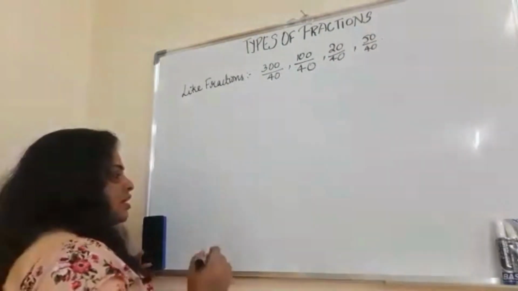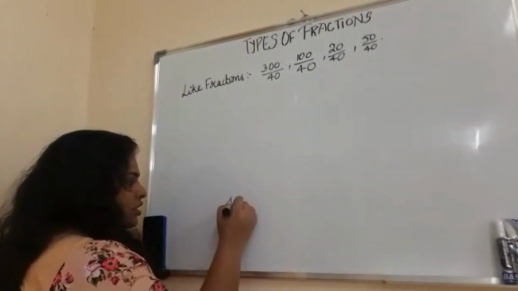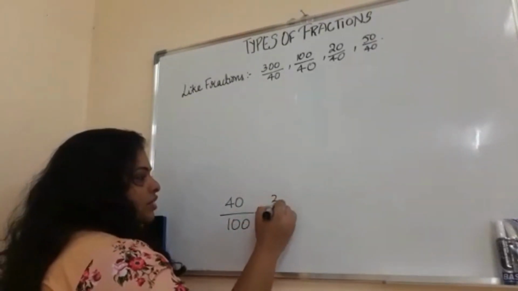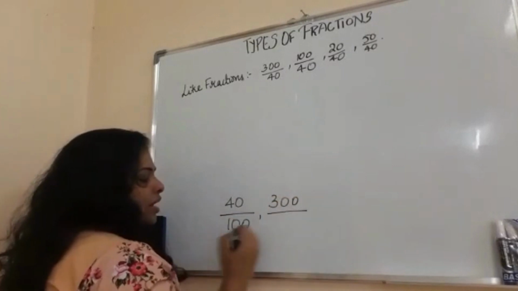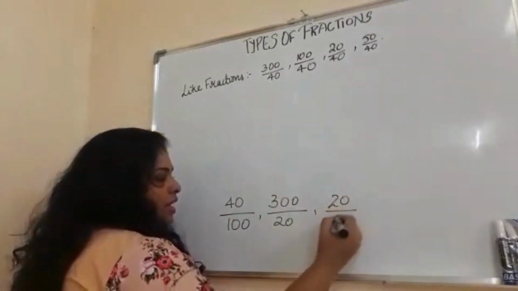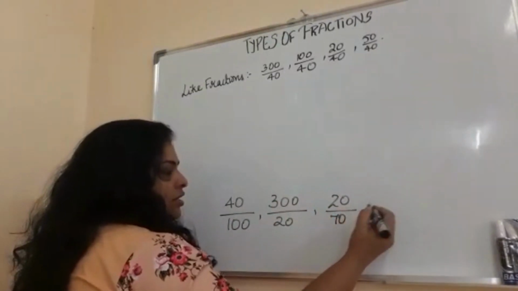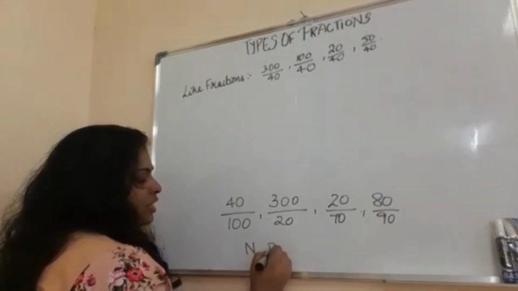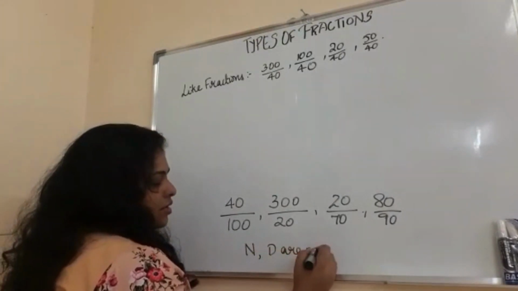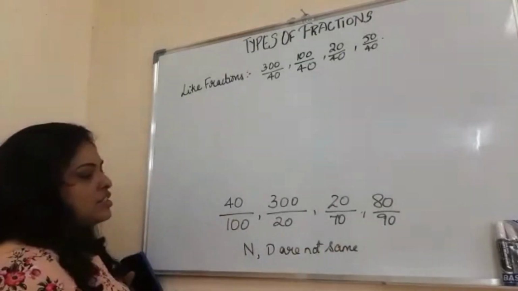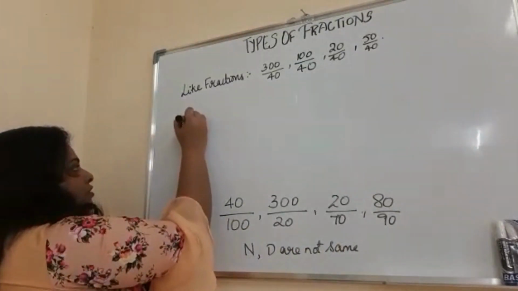Similarly, if I take 40 by 100, 300 by 20, 20 by 70, 80 by 90, the denominators are not the same. Such kinds of fractions are known as unlike fractions.